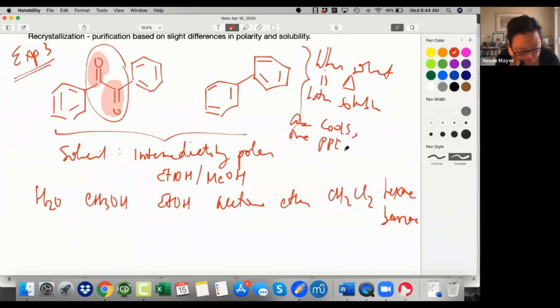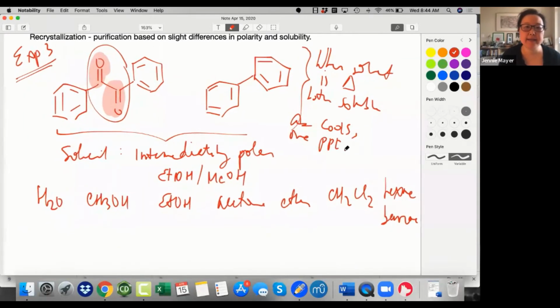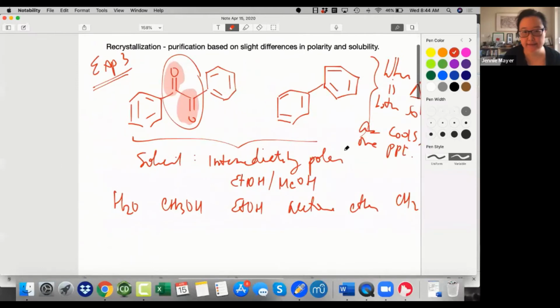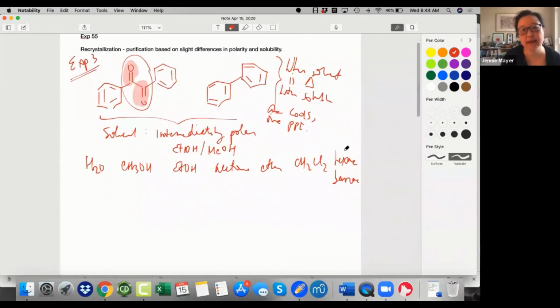And of course, for it to precipitate, they have to be solid, right, when they're not dissolved. Okay, so that is really good for solids, to dissolve them and have that difference at different temperatures of the solvent. Any questions on anything that I said or anything about recrystallization in general?